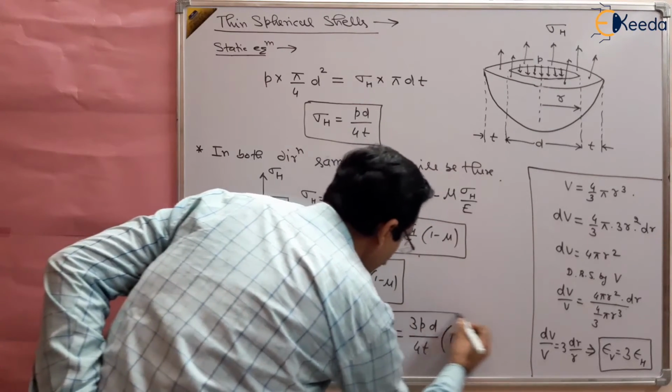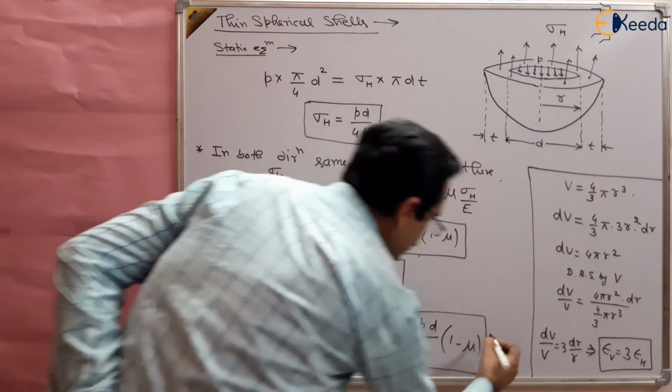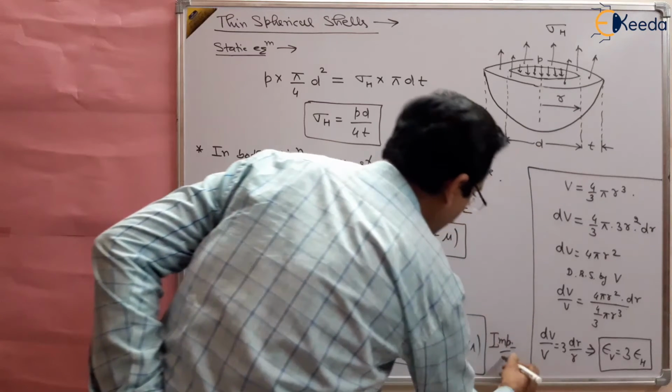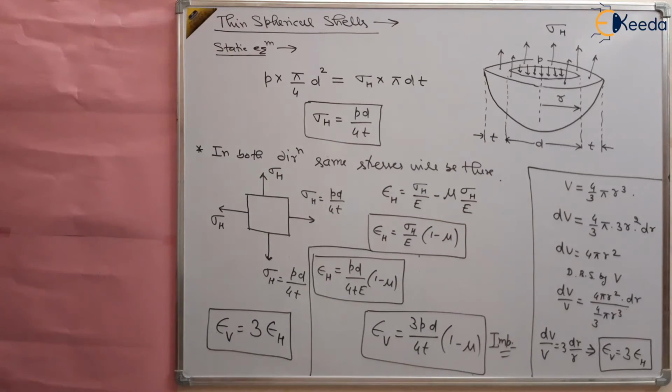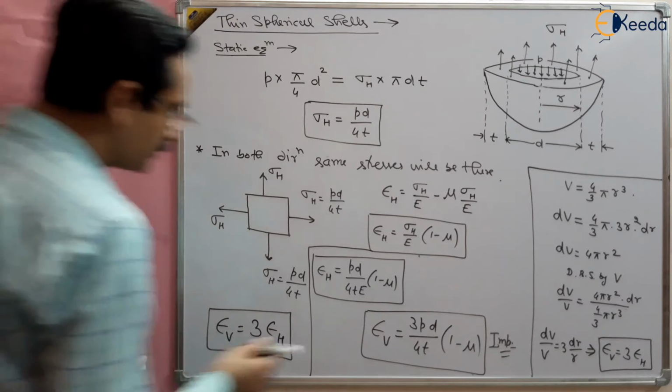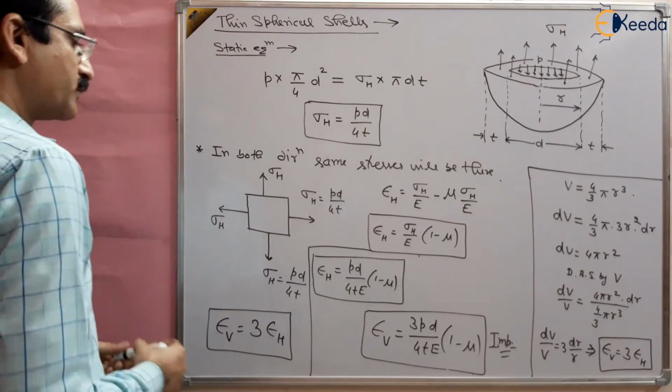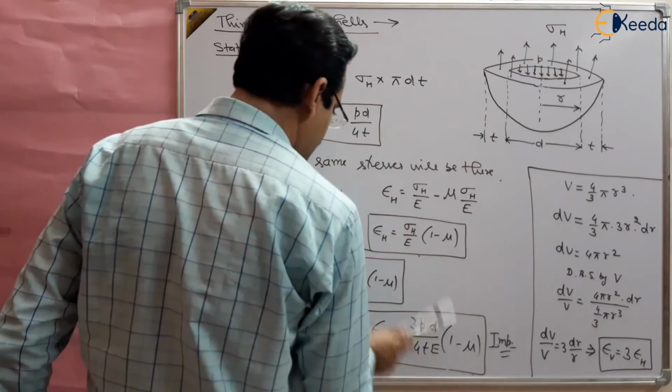So this is the volumetric strain in case of a spherical vessel, and this is important. You have to remember this. The direct formula will be used in a few numericals: 3PD by 4TE times (1 minus mu). So this is the volumetric strain, and this is the hoop strain.